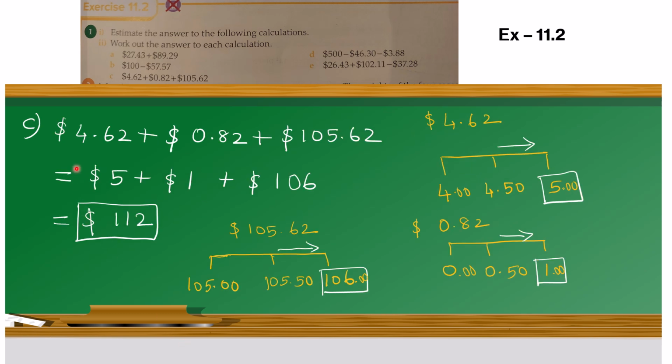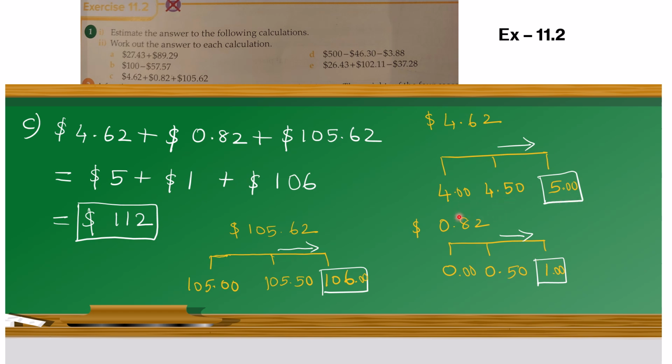Some $4.62 plus $0.82 plus $105.62. Okay, so let's do the estimation calculation here. Okay, what is the first number? That is $4.62, right? Let's use the number line. So 4.00, 4.50, 5.00.